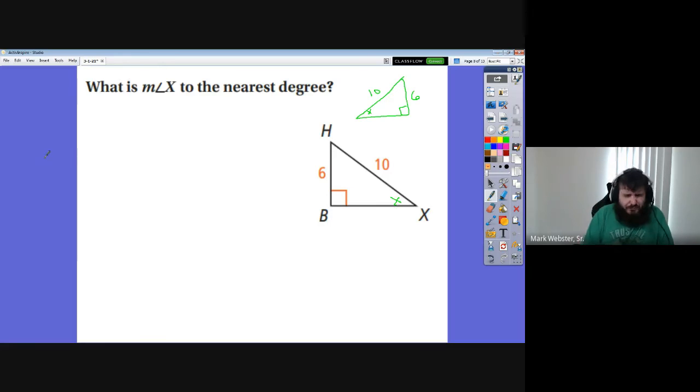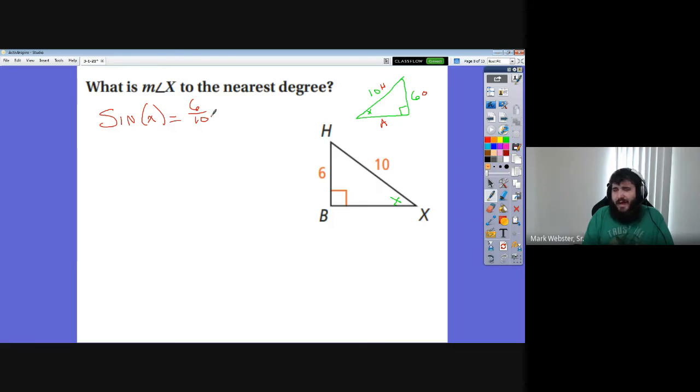So let's write it out. Am I using sine, cosine, or tangent here? Well, it's opposite and hypotenuse. SOHCAHTOA, so sine, right? So the sine of this number we're trying to figure out is 6 over 10.